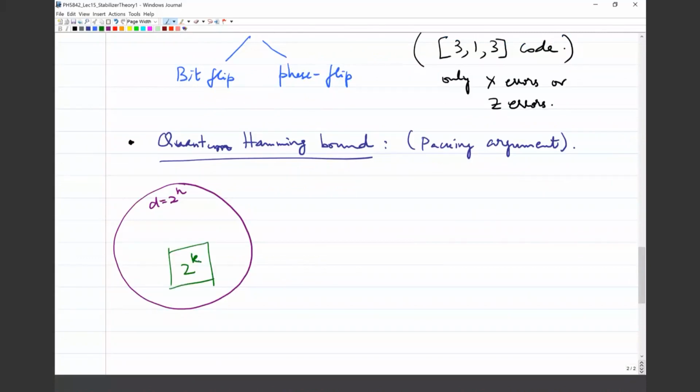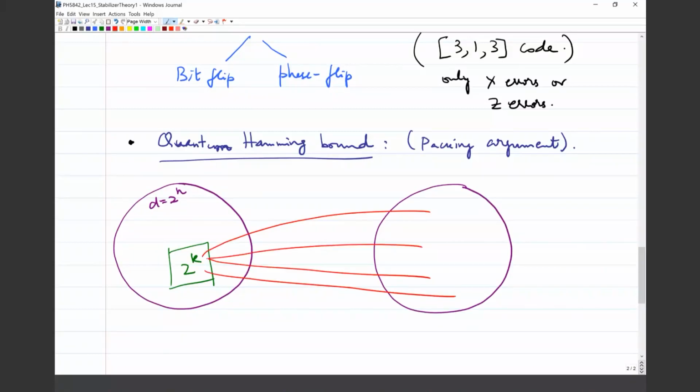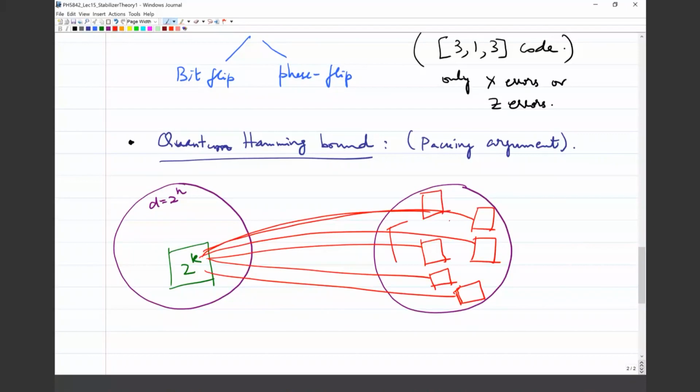And now under the action of errors, this code space is going to get mapped to different subspaces in this, right? And now if you want to be able to detect and correct for all possible errors on up to t qubits, right? Then how many such distinct code spaces should you pack inside this 2 to the n dimensional space, right?